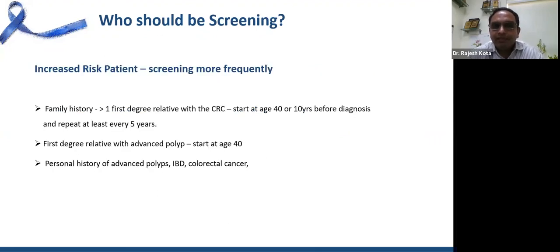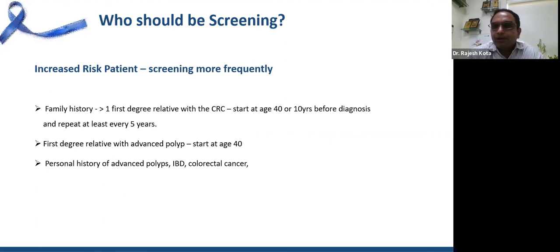If we have a first degree relative, that is our mother, father, son, or daughter, we should start getting screened at an earlier age in our life.